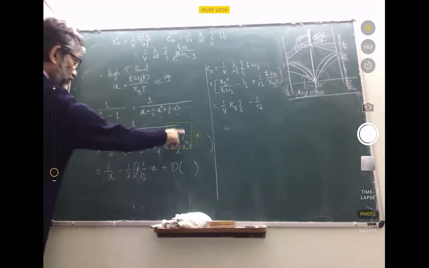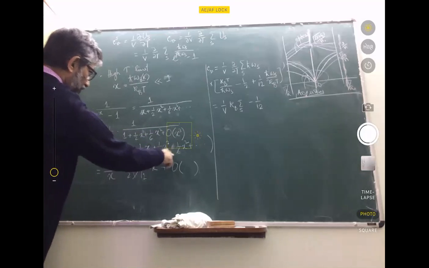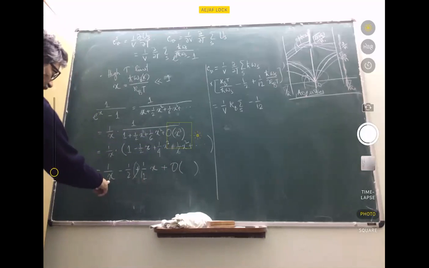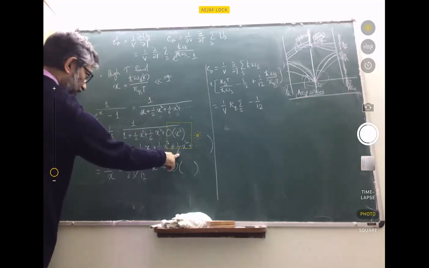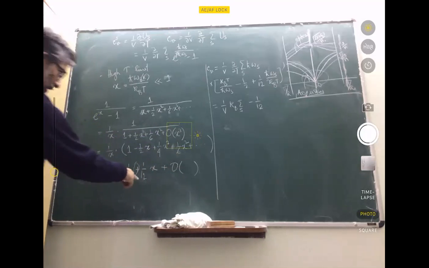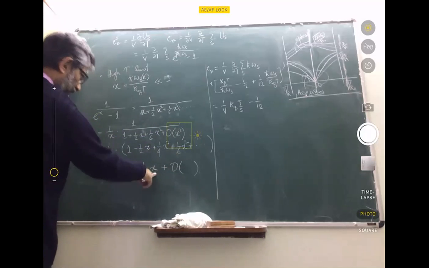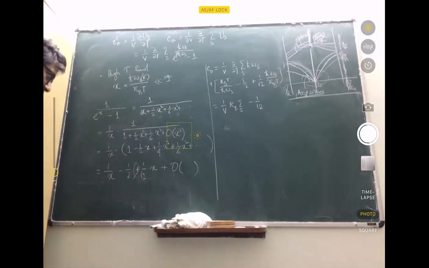So this whole thing was in the denominator, then I'm expanding this in powers of x. So you get this, so this 1 over x minus half. And when you combine these two, you'll get a factor. Sign is also correct. You'll get 1 over 12. And from x squared, you'll get a factor of x here.